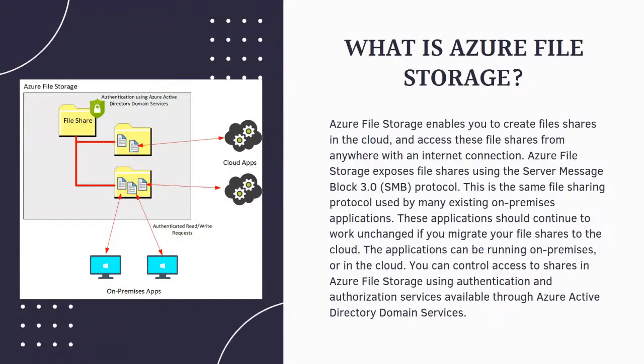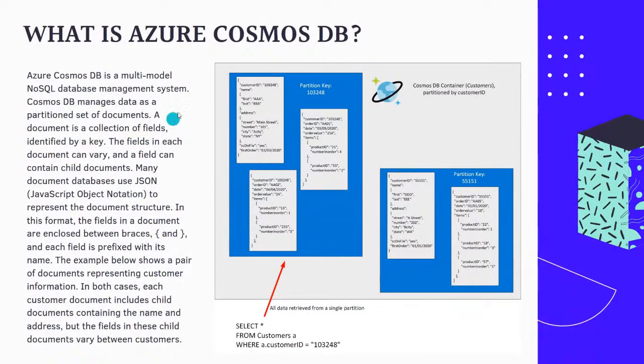Now coming towards the other services that are provided for unstructured or semi-structured data. Here we have Azure Cosmos DB. This service is provided for semi-structured data, because our data is stored in the form of documents.